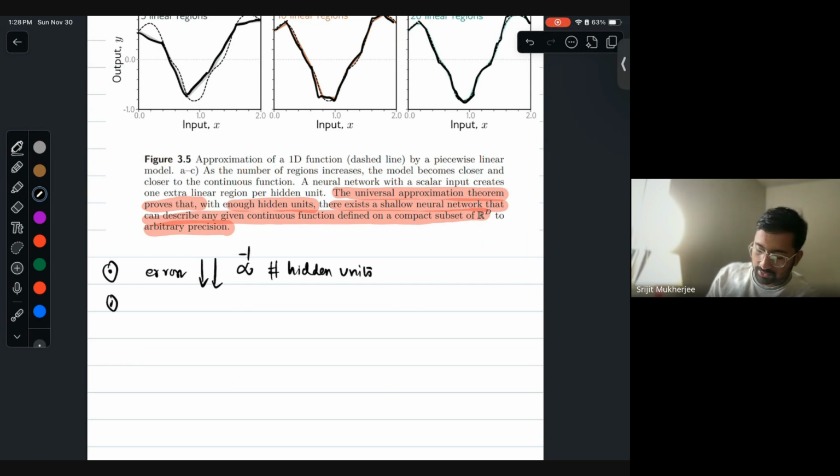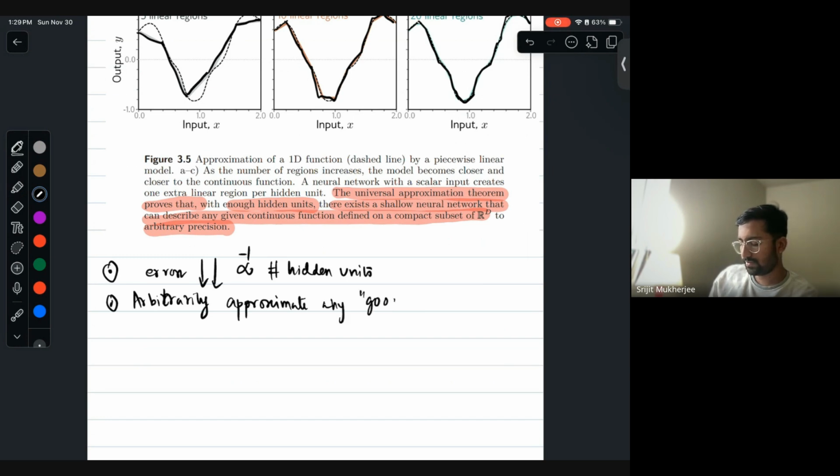So you can arbitrarily approximate any good function with neural networks. All of you got it, guys?